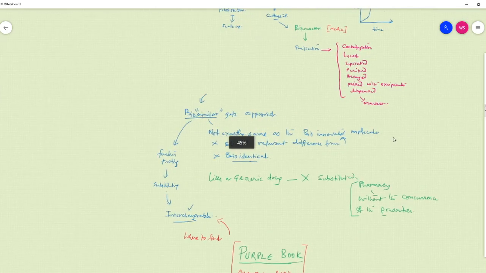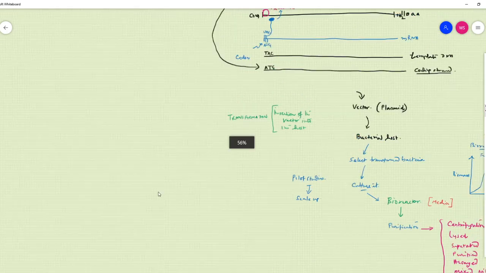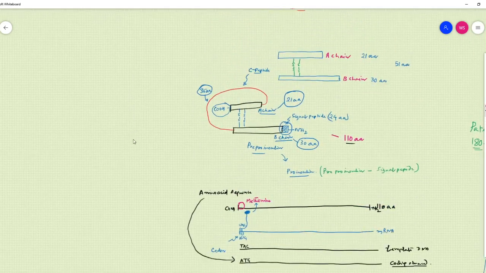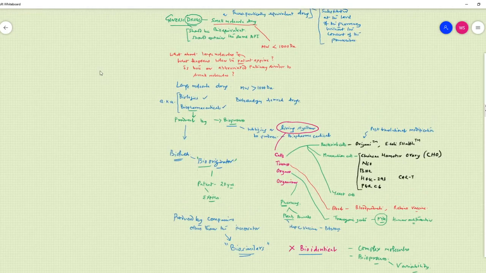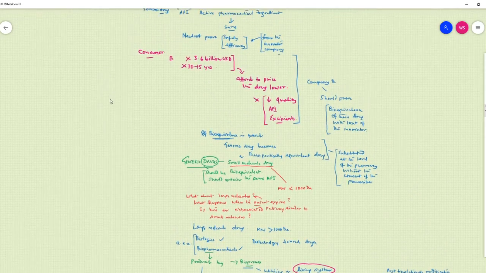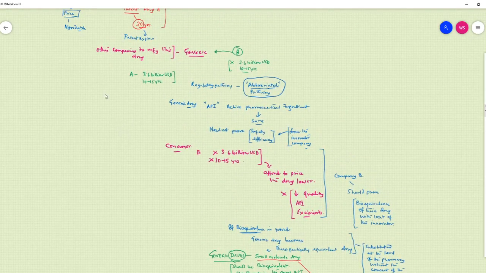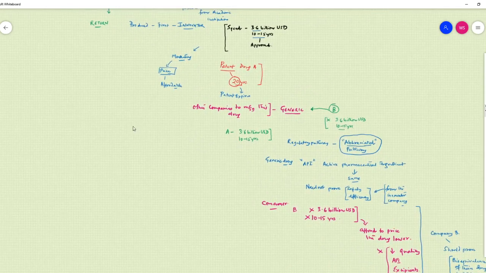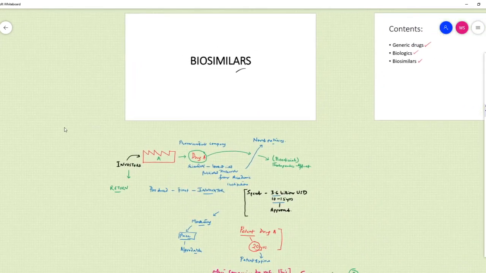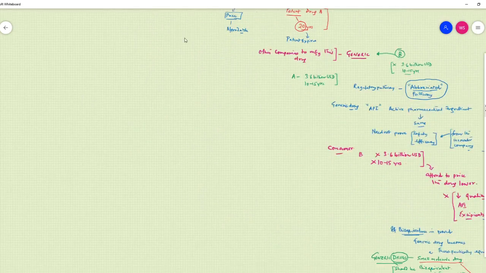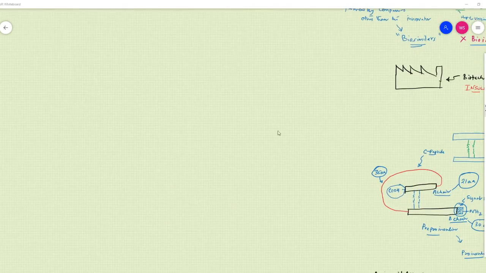So up till now we have talked a lot about generic drugs. We have talked about biosimilar drugs. We have talked about why biosimilars are not bio-identical. So now let's look at official definitions.